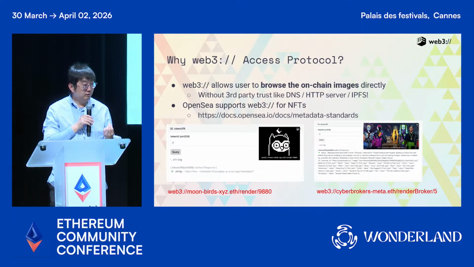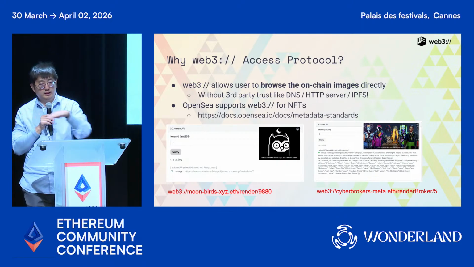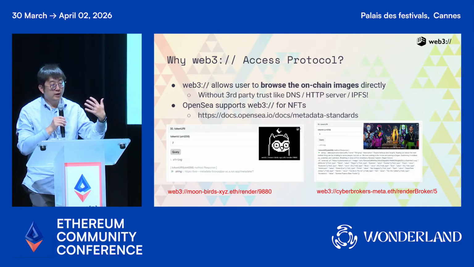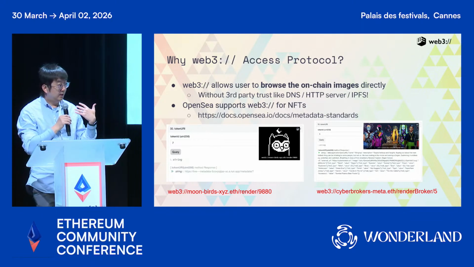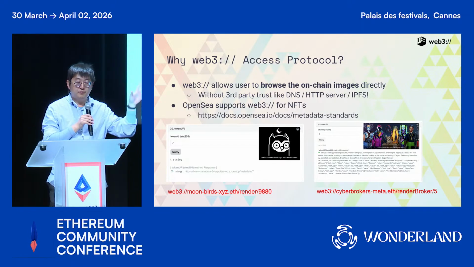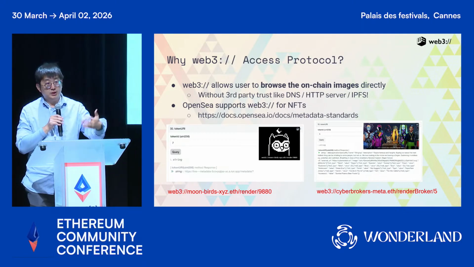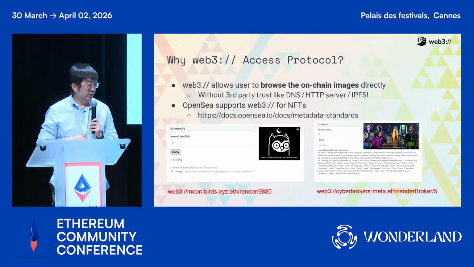The motivation is that with this Web3 access protocol, with a very HTTP-like link, you can now call a smart contract and tell it what data you want to display on the website. In the future, we can put in this Web3 URL link and directly grab the corresponding images from the blockchain network.